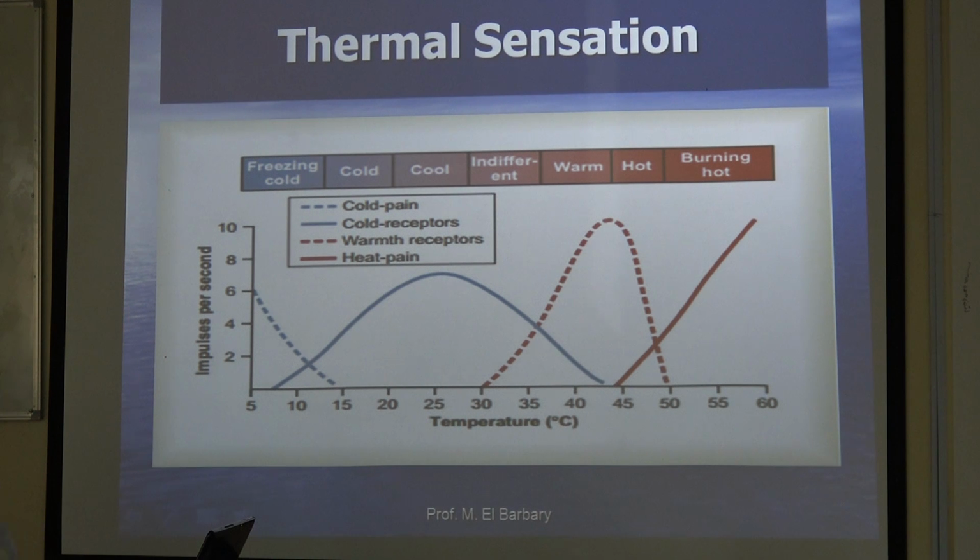What is this sensation? What is its stimulus? The stimulus of thermal sensation. How do you feel a difference in temperature? The stimulus is that temperature will affect the metabolism. So if there is decreased temperature, there is decreased activity, decreased metabolism of the receptors.